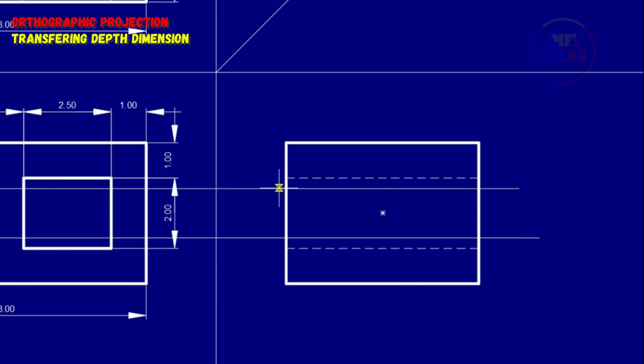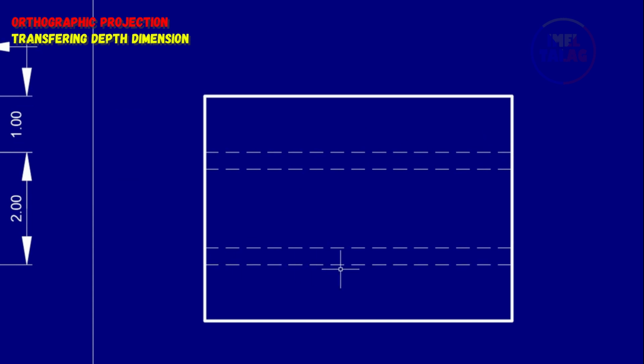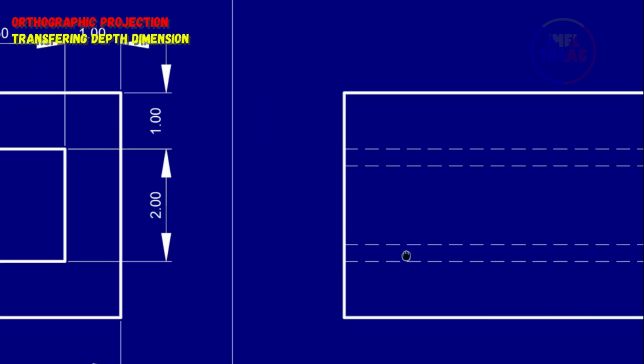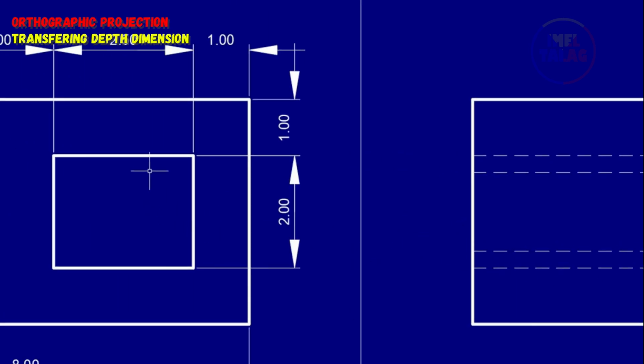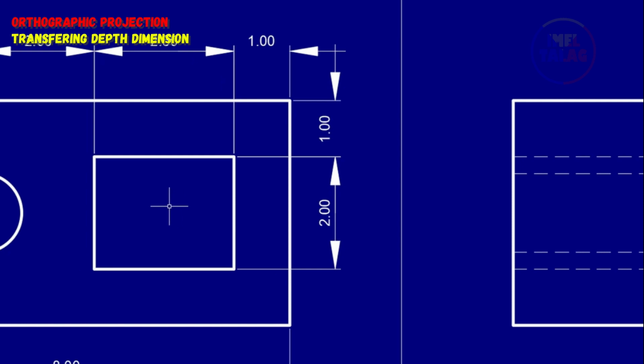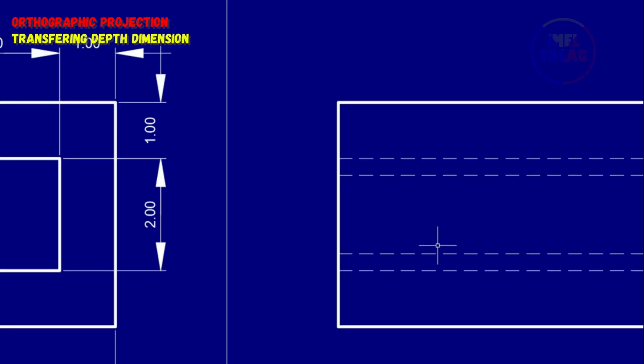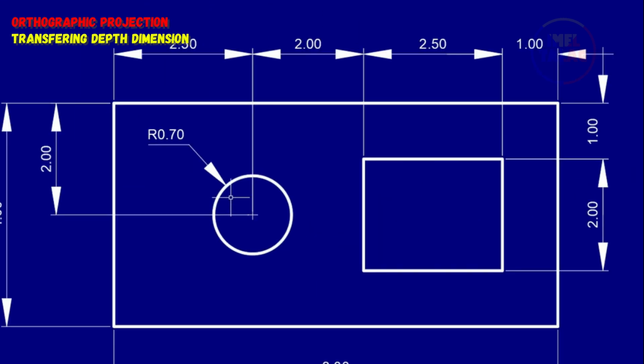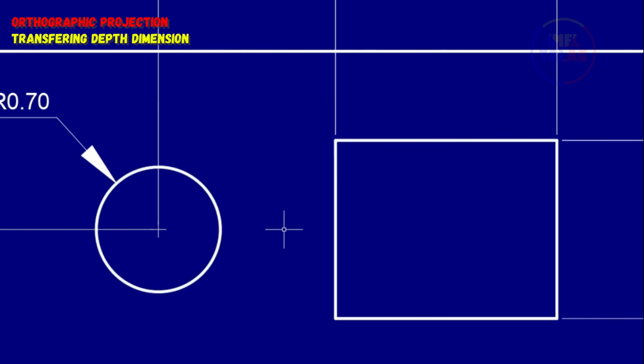Okay, and gagawa tayo ng hidden lines uli sa gitna. Okay, so yung dalawang hidden lines na nasa bandang itaas at nasa pinakababa, yun ang line representing this rectangular shape na butas, and itong nasa gitnang hidden lines, ang para dito sa circular, okay, na butas.